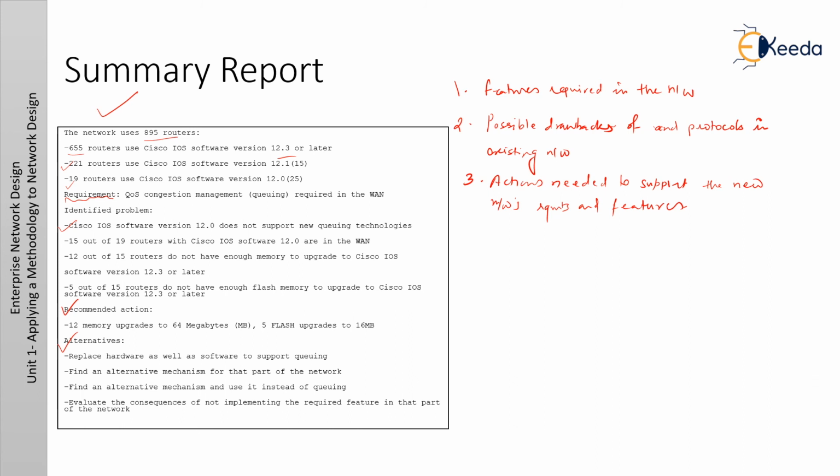So summary report recommendations relate the existing network and customers' requirement. These recommendations can be used to propose upgrading of hardware and software to support the required features, or modifying the customer's requirement. Here, an option includes evaluating the necessity of the queuing requirement in the WAN.